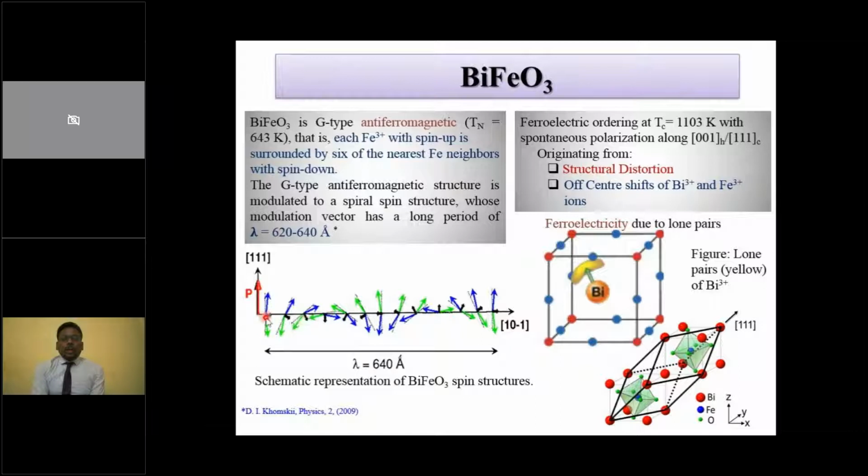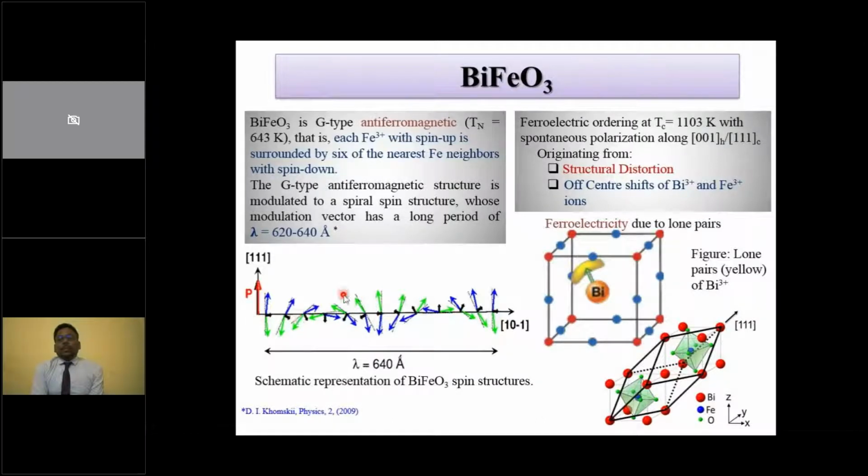Here this is the electric field, this is the magnetic field, and this is the resultant of the two. It is continuously moving, and we can say this is a wavelength. The resultant is rotating clockwise, and after a length of around 620 to 640 angstrom, it is completely back in the first position.